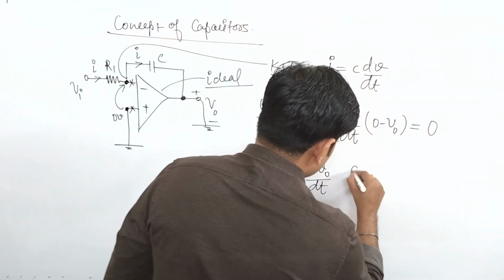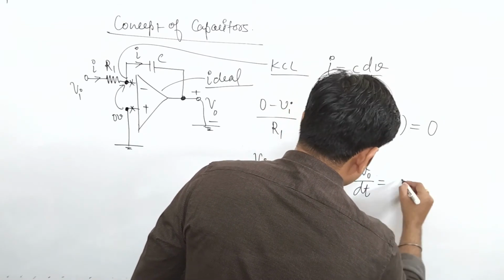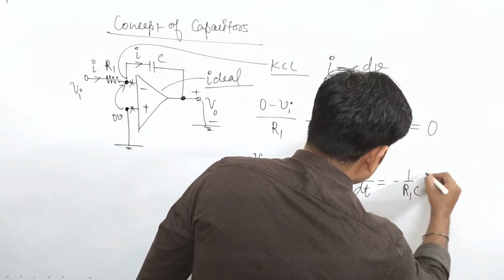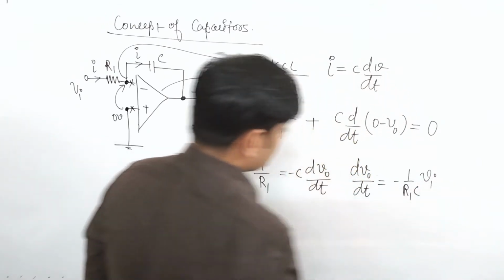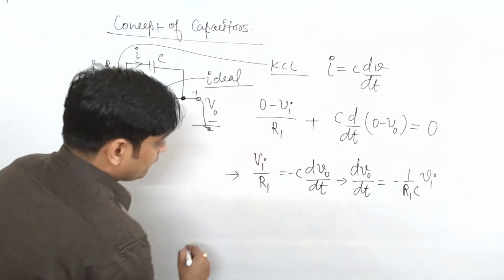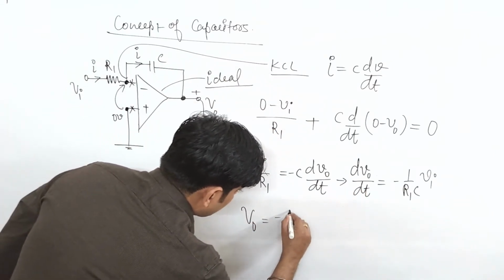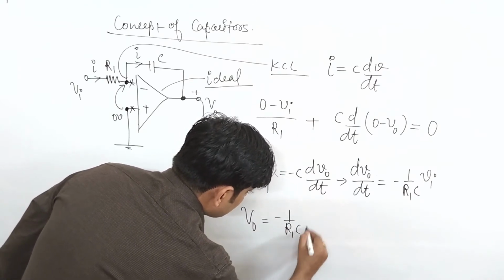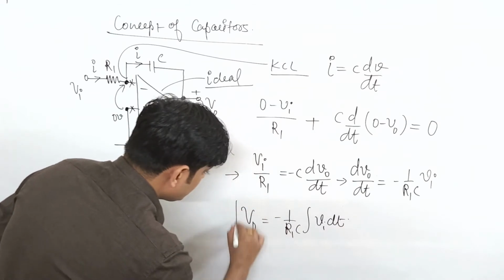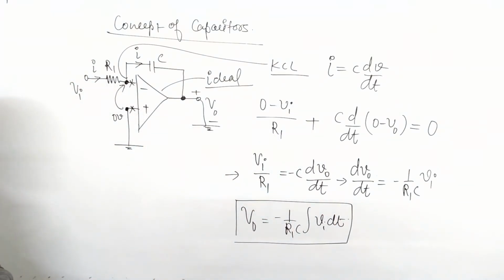And from here you can say that dV0 upon dt is equal to minus 1 upon R1C into Vi. So the value of V0 is equal to minus 1 upon R1C integration of Vi into dt.